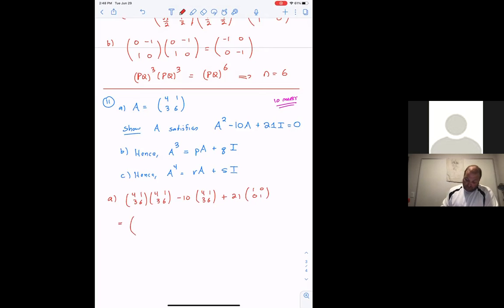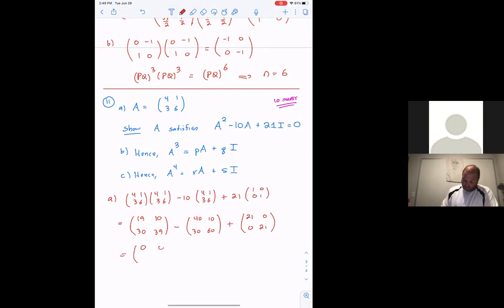This becomes 16 plus 3, that's 19, and then 4 plus 6 is 10. 12 plus 18 is 30, and 3 plus 36 is 39, minus 40, 10, 30, 60, plus 21, 0, 0, 21. So 19 minus 40, negative 21 plus 21 is 0.